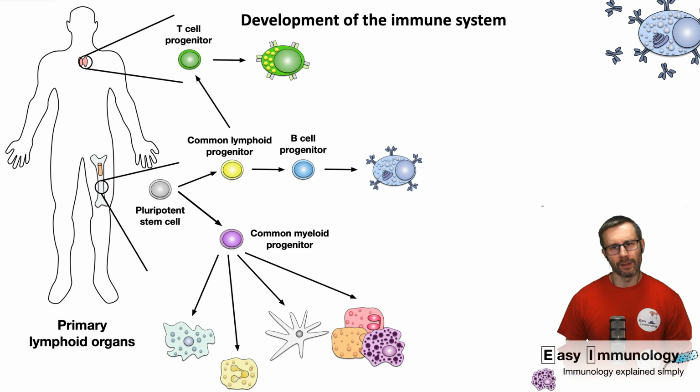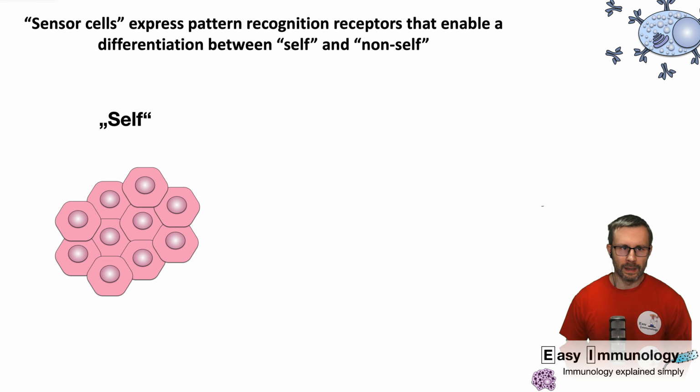For T and B cells, we have a quite good grasp, and we will explain this in the following lectures. But for the common lymphoid progenitor, it's not completely clear what happens when, and there are different steps in between. It's quite complicated. But if you start trying to understand the immune system, I think this is already complicated enough.